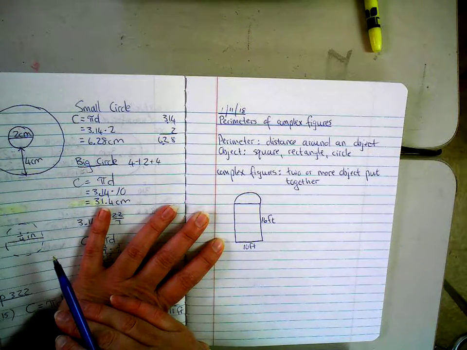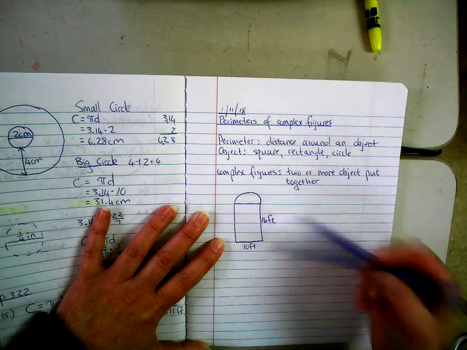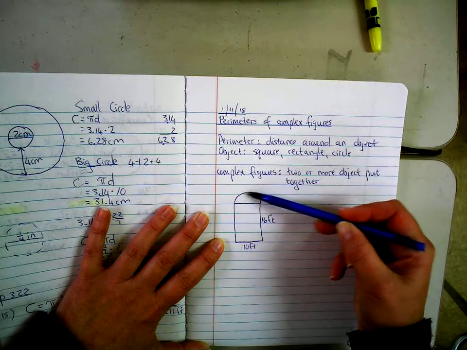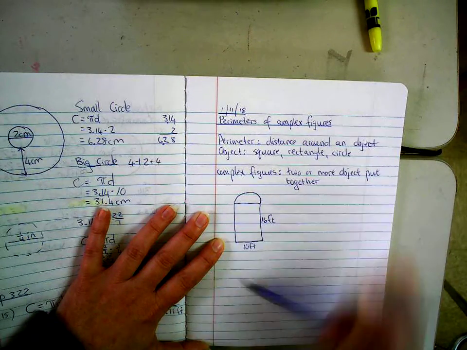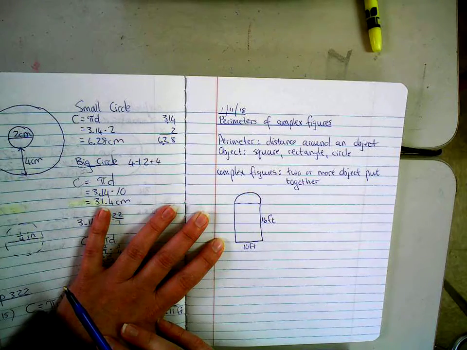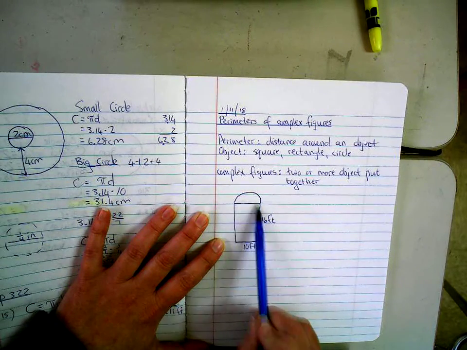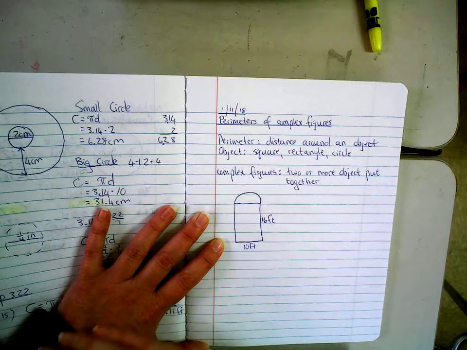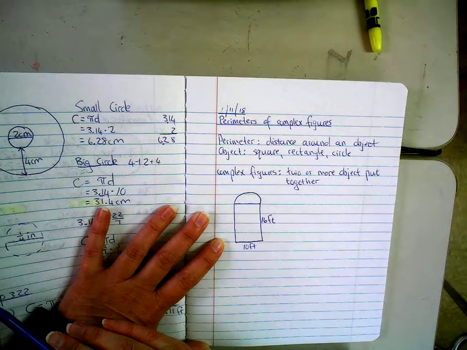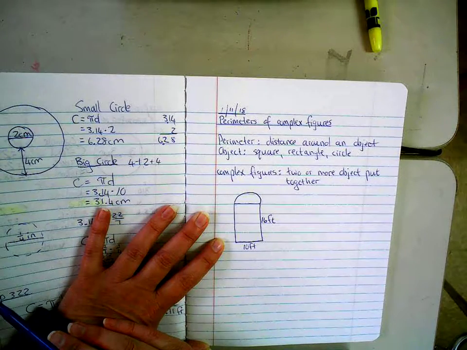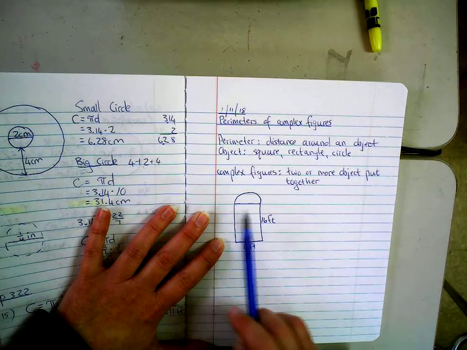Now before I do that, I want you to think with me. If it's perimeter and we are going on the outside of this shape, will I add in this line, this width at the top? Let's think about it. Perimeter is on the outside, that line is on the inside, so no, I will not use this.